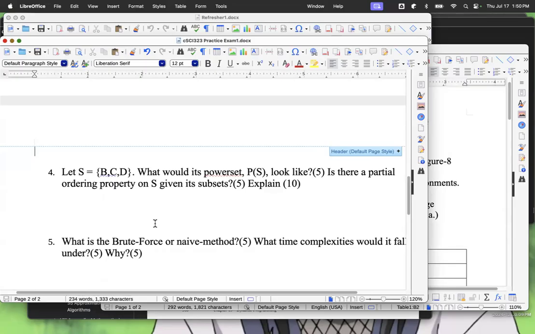Would it just be P of S would look like P parenthesis S on the left side, and the other side would just be P being multiplied onto the set of B, C, and D?